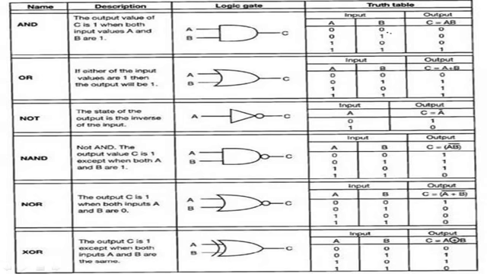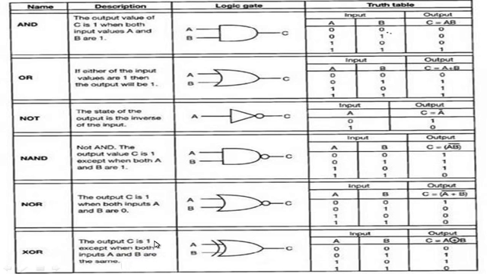And this is the next gate, XOR gate. The output C is 1 except when both inputs A and B are the same. I repeat again, the output C is 1 except when both inputs A and B are the same.